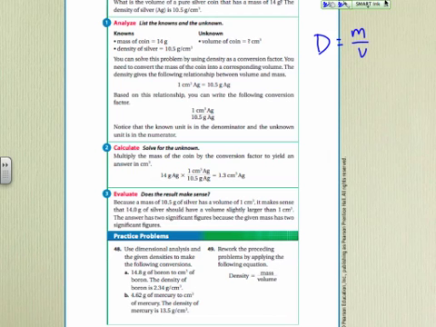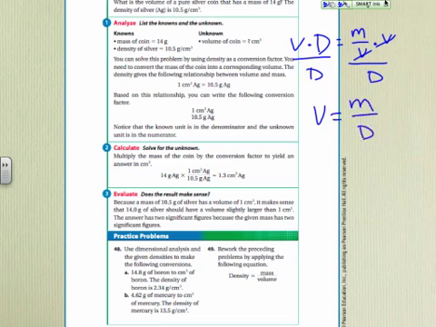If we want to go through this algebraically, in order to solve for volume, let's get volume on the top, and I'm going to multiply both sides times V, and then I'm going to divide both sides by D, and I end up with volume equals mass divided by density.